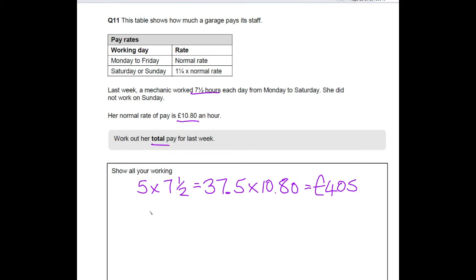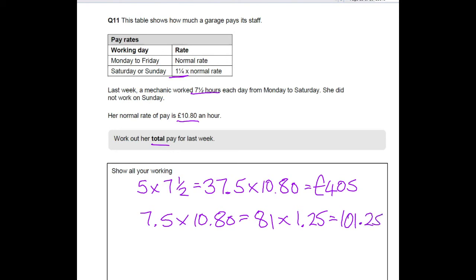On Saturday, we have 7.5 hours, and at £10.80 on a normal day would have given her £81. But as it's a Saturday, we get 1.25 times the normal rate, so multiply it by 1.25 or 1.25, whichever you prefer, and she gets £101 and 25 pence.